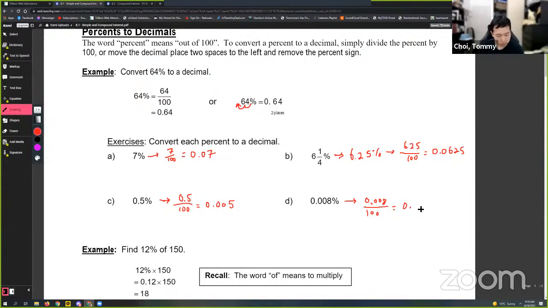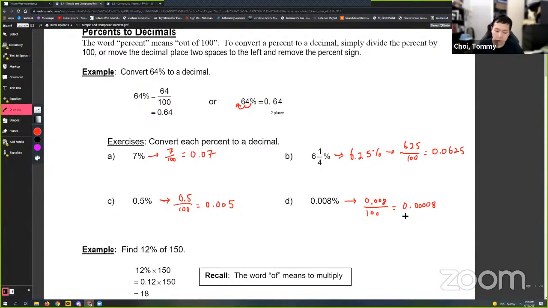Anyone? 0.0008. Yes, thank you, Kimberly. Very good. 0.00008. Pretty easy, right? Converting percentages to decimals.